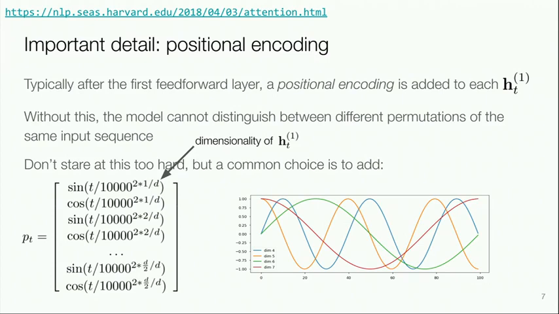And they might tell you information like, am I at an even time step or an odd time step? But some of them might oscillate very slowly, and they might tell you something like, am I in the first half of my sequence or the second half of my sequence? So you're getting a lot of different types of information here in terms of where you are in your particular sequence.